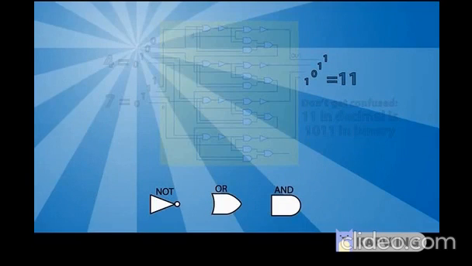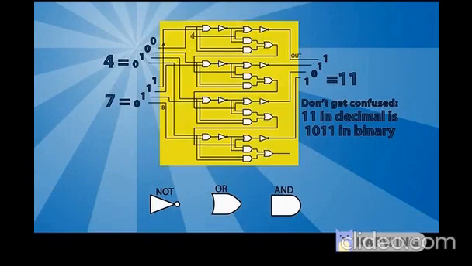These gates are used in the circuitry of our calculators and computers, which is very complex. As you can see, 4 and 7 are first converted to their binary, Boolean equivalents, then 11 is received as the output of this complex circuit in Boolean form. Of course, this circuit is very complex for a grade 9 student.